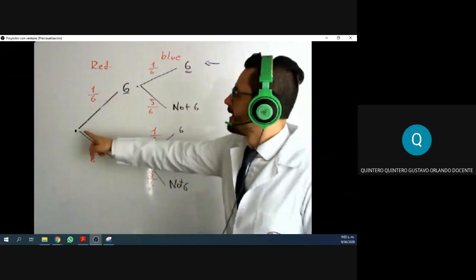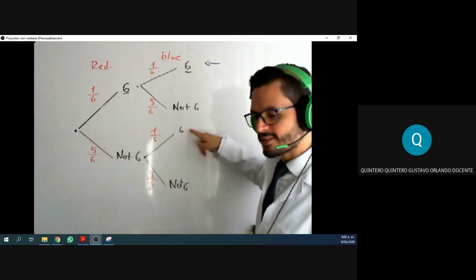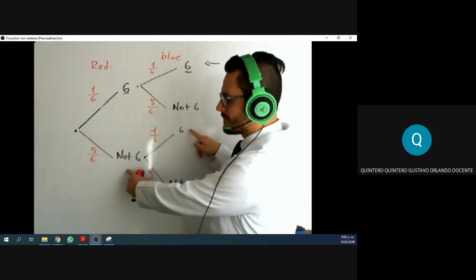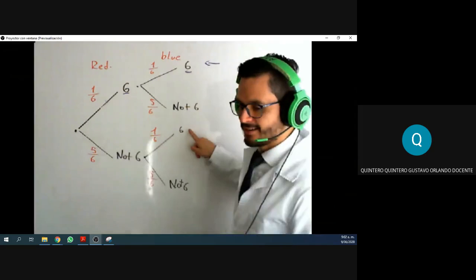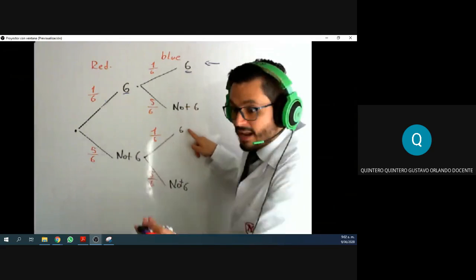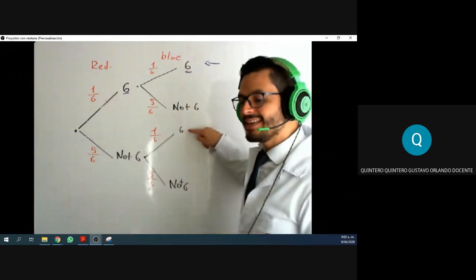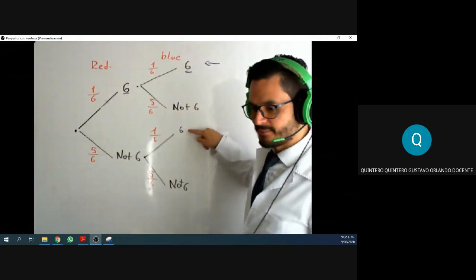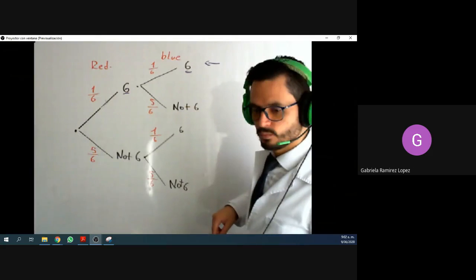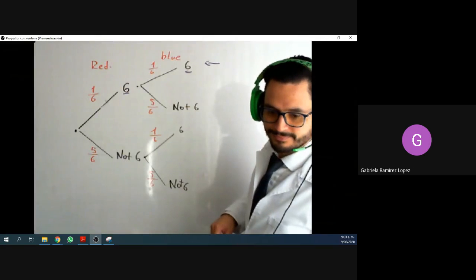Same with this row, for example. This one shows that in the first die, I did not get a 6. This would be getting a 1 or 2 or whatever different than a 6. And then in the second one, you did get a 6.